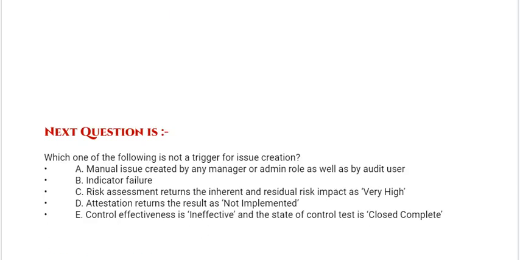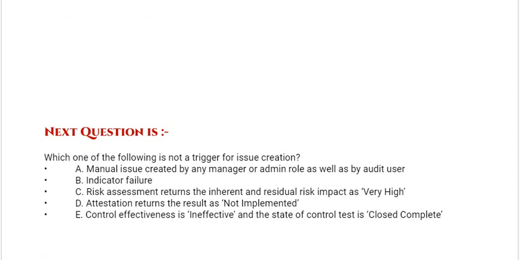Next question is, which one of the following is not a trigger for issue creation? Option A. Manual issue created by any manager or admin role as well as by audit user. Option B. Indicator failure.